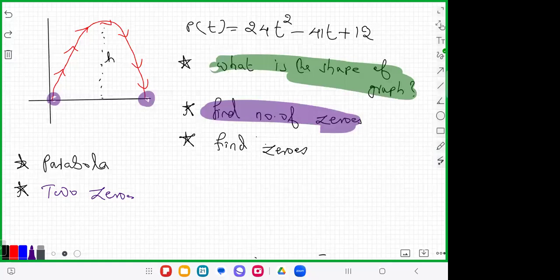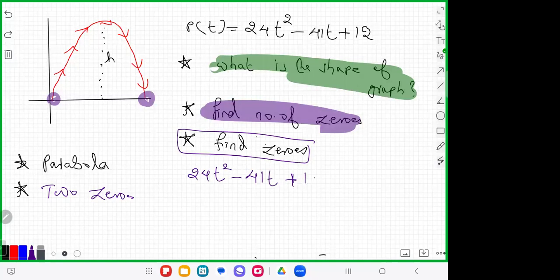Just equate 24t square minus 41t plus 12 is equal to 0. After studying the quadratic equation, better use the quadratic formula. Otherwise, we want to split the middle term.